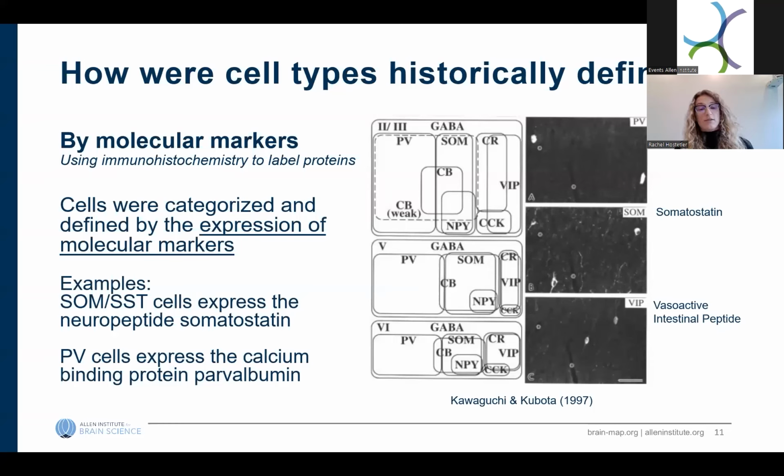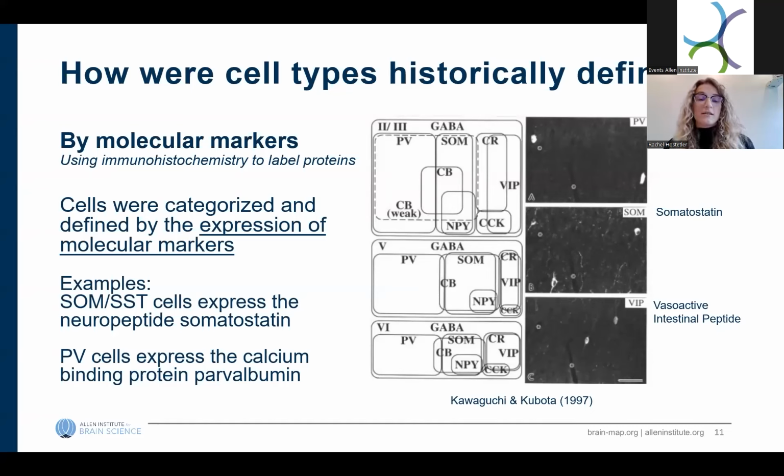So inhibitory cells all contain GABA, but they also contain other really important markers of interest. A number of inhibitory cells also contain parvalbumin, which is a calcium binding protein. Other inhibitory cells contain somatostatin, which is a neuropeptide. Others contain vasoactive intestinal peptide, which is another neuropeptide.